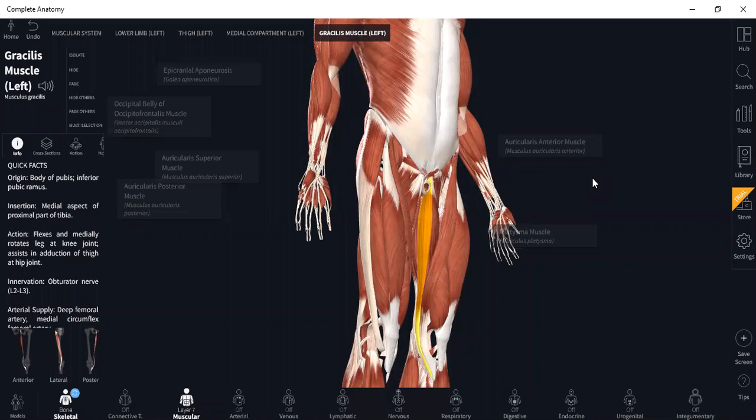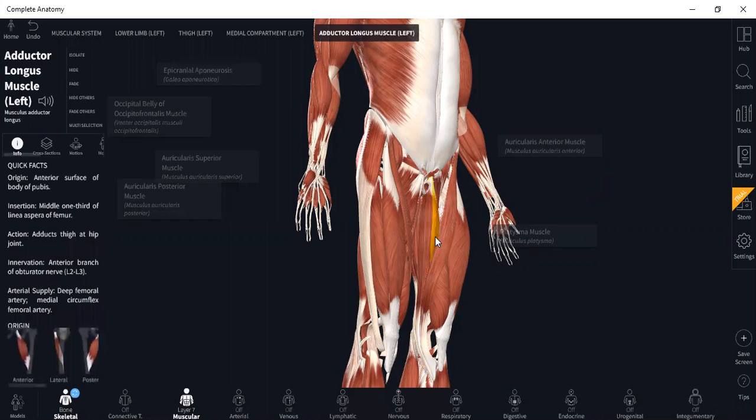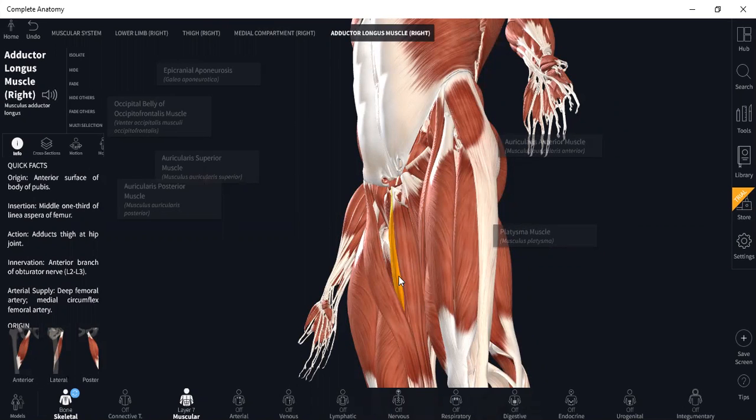For the muscles of the leg, we have gracilis, which will adduct the leg. And then we have a group of adductors. It's actually adductor longus and adductor brevis and adductor magnus.